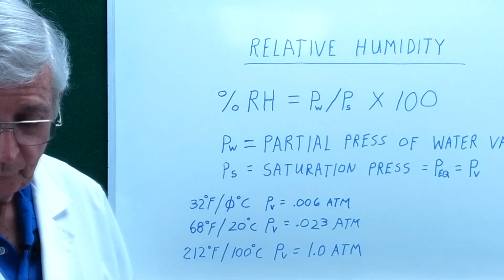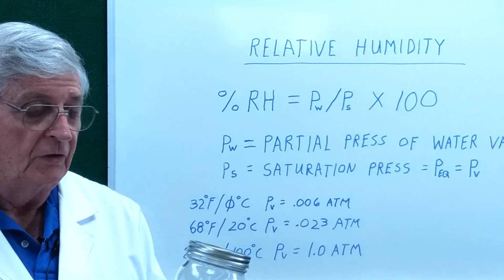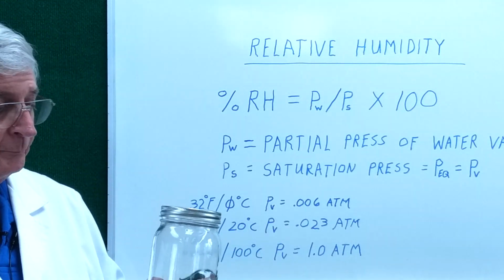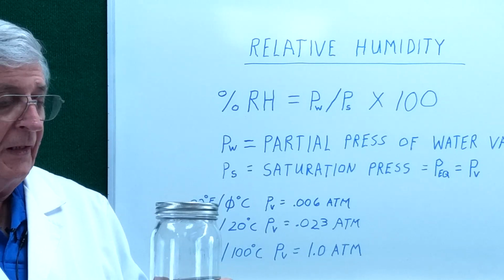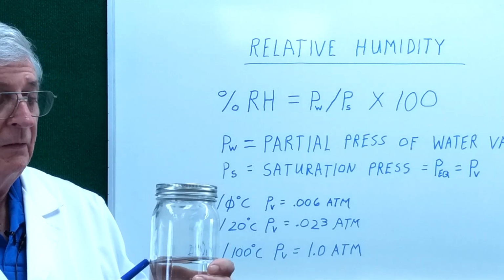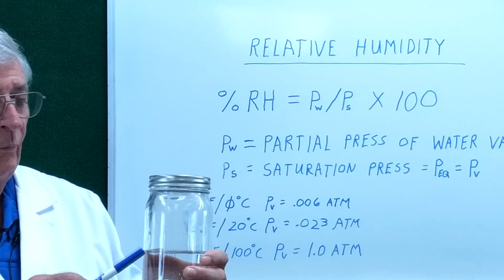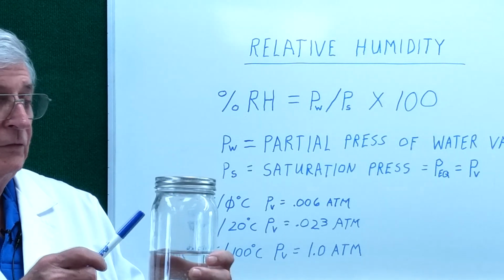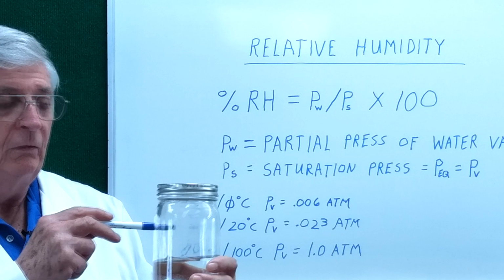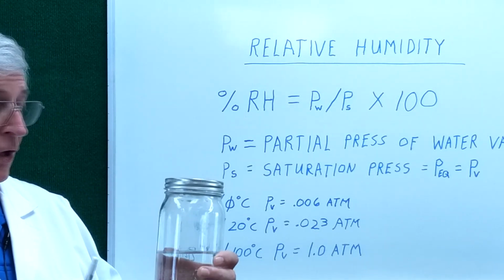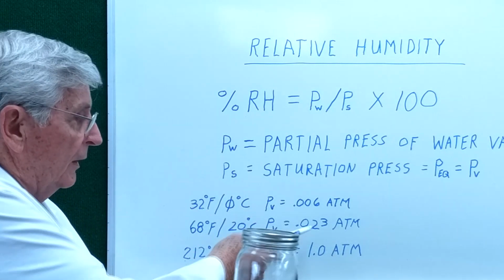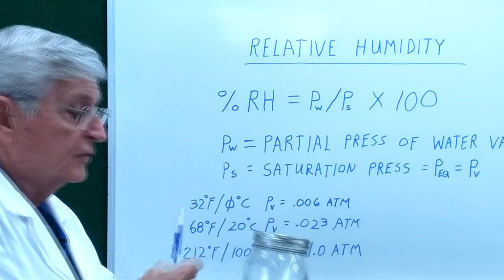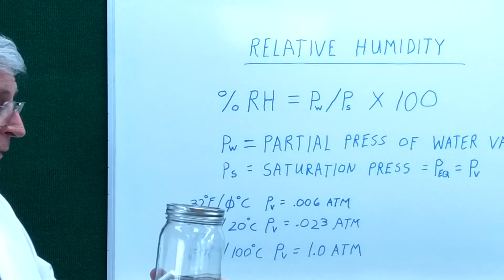Now, here we have a jar with some water in it. So eventually, the molecules in the water will be trying to fill the atmosphere in the jar to a pressure that's dependent on the temperature.